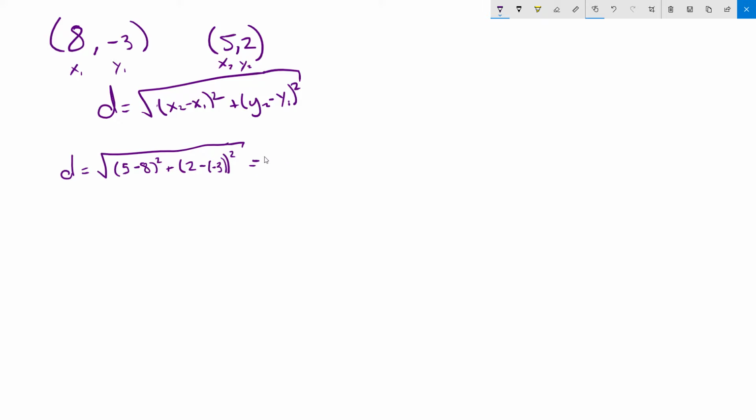So if we do a little bit of simplification, we'll get 5 minus 8 is going to give us -3 squared plus, so be careful here because we do have a negative, so this will end up turning into 2 plus 3, right? So 2 plus 3 squared.